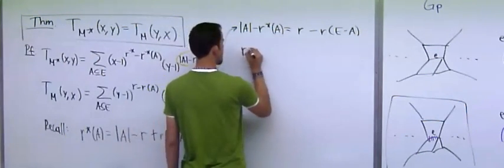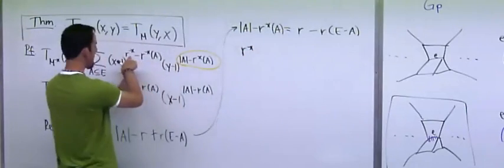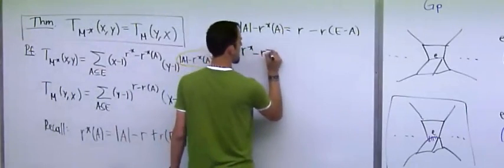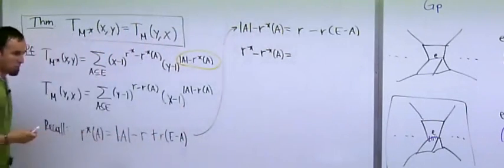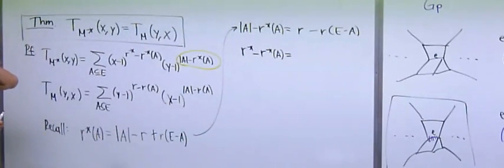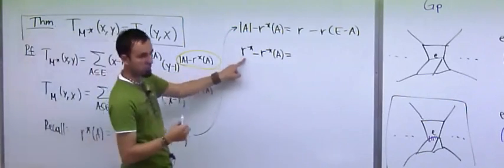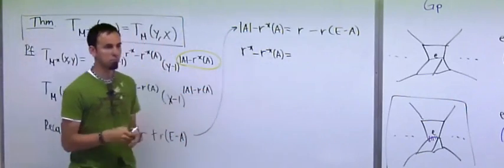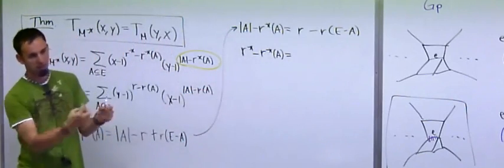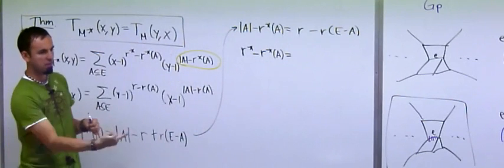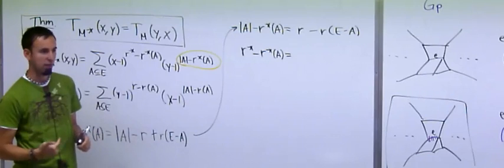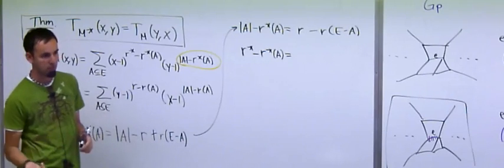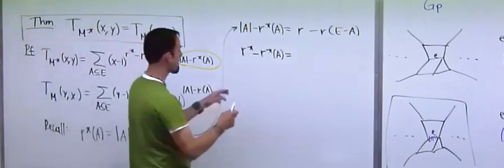What is this? Co-rank minus co-rank of A. Well, you have to remind yourselves of what the rank of the dual matroid is. But remember, if your ground set has size n, and the bases of the matroid have rank r, then the bases of the dual matroid have rank n minus r. Size of the set minus rank of the matroid.